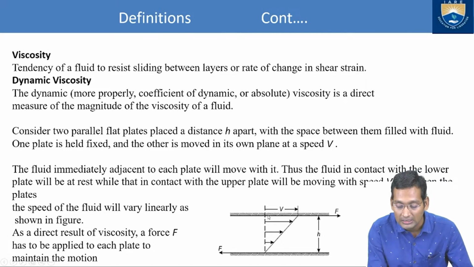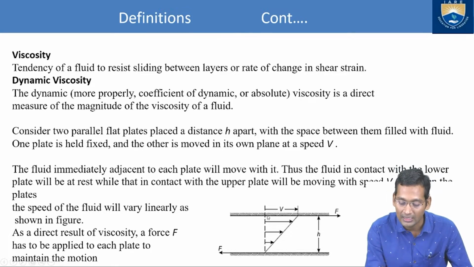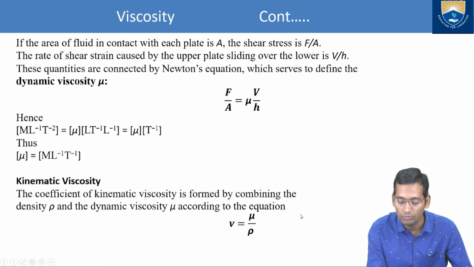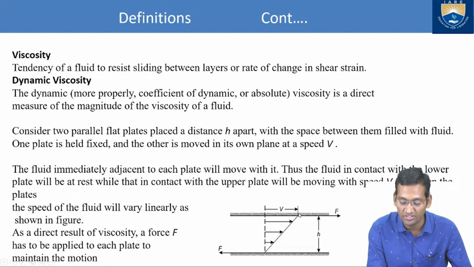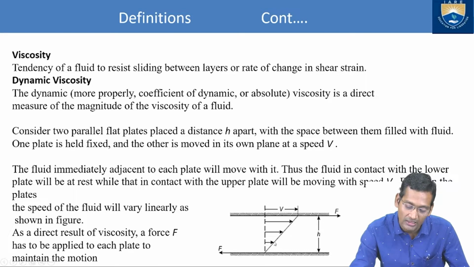So now the speed of the fluid will vary linearly, as shown in the figure. Whatever is in contact with the moving plate will move the farthest, so here the fluid molecule will move up to this distance, but whatever is here moves very little. So overall you can see it varies linearly, a straight line.